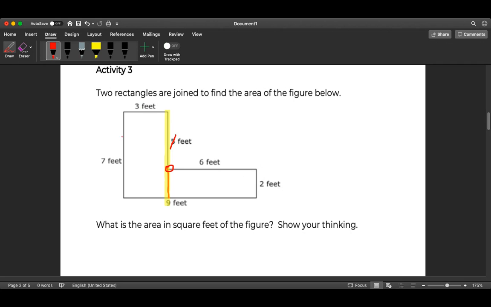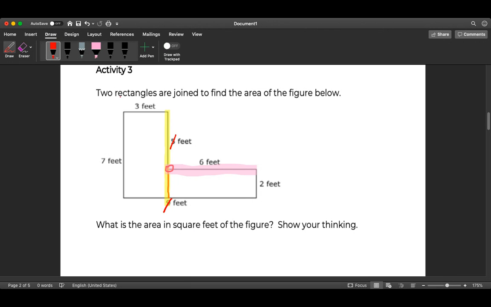So I would use 3 times 7. And then over here, I would use, let's highlight again, and we'll use a different color, I would use this side going across here. And so I would use 6 times 2. And I wouldn't need this 9 because there wouldn't be a measurement that I would need that would go all the way across there. So you want to be sure that you use the right numbers that you need.